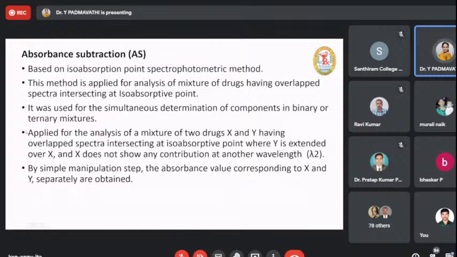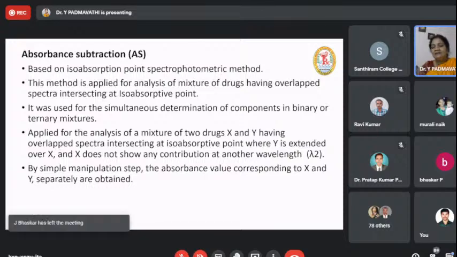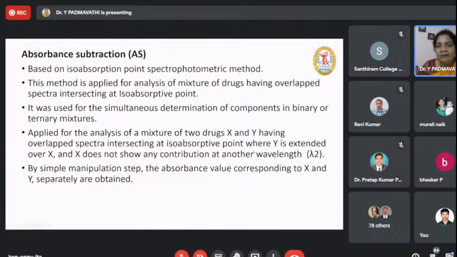If you take the two absorption spectra, they intersect, but the overlay is such that the Y component spectrum overlays with X, while the beginning of the X spectrum just overlays with the end portion of the spectrum of the other component. So only at one wavelength, the intersection point, is the X component showing absorbance. At other wavelengths, it's not showing.